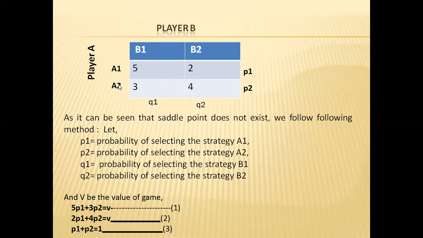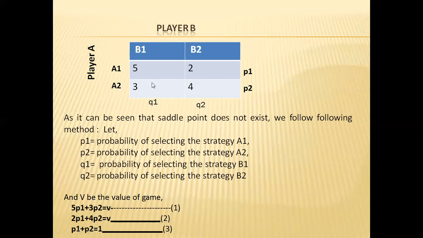In the case of row 2, the values are 3 and 4, the minimum value is 3, applied with respect to player 2. Let us consider P1 and P2: the probability with respect to A1 is P1, and with respect to A2 it is P2. Considering the player B side, that is column 1 and column 2.